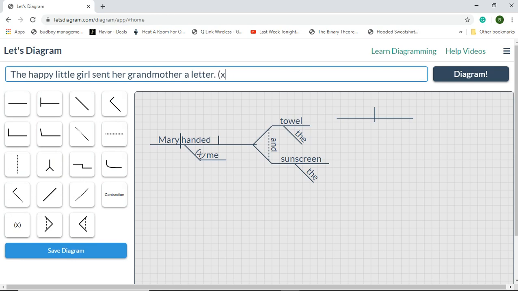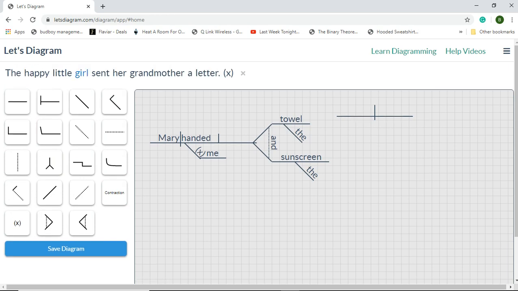We need our X. There we go. Alright, let's try that again. So our subject is girl. Okay. Girl is our subject. Good. What did she do? Well, she sent her grandmother something. So sent is our verb. So we found the subject and the verb.